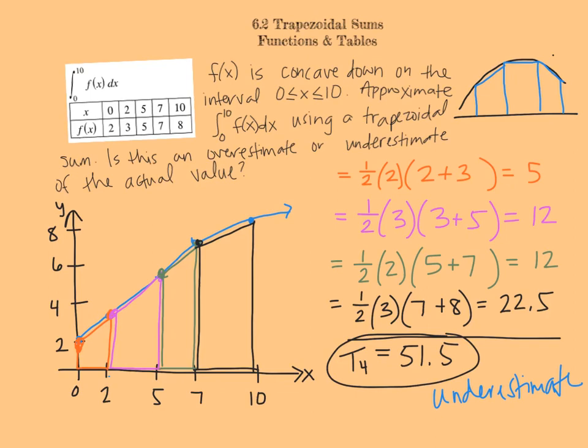Now, if we had something that was concave up, which in this case it's not, but if we had something that's concave up and we were drawing trapezoids underneath it, those trapezoids would provide an overestimate of the area that's actually underneath the black function that I drew.